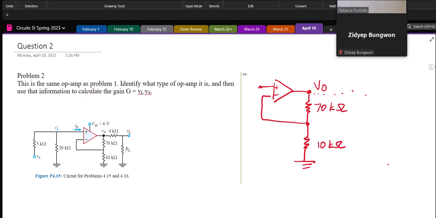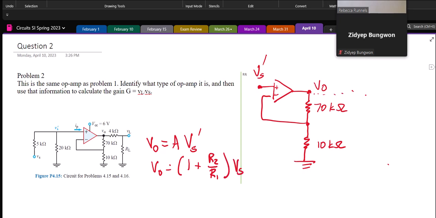if we had that this was our source, and so it's Vs prime, it's not our actual Vs, but it is our Vs prime, we know that VO equals our gain times our source, or VO equals our gain for the non-inverting amplifier, which is 1 plus R2 over R1, times our source.